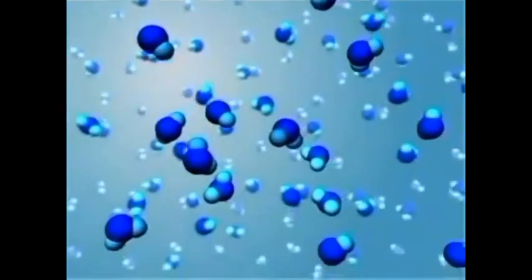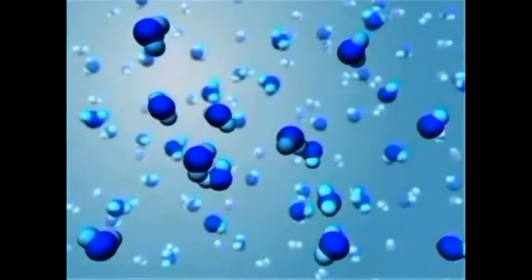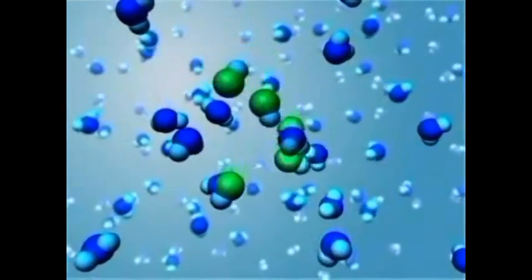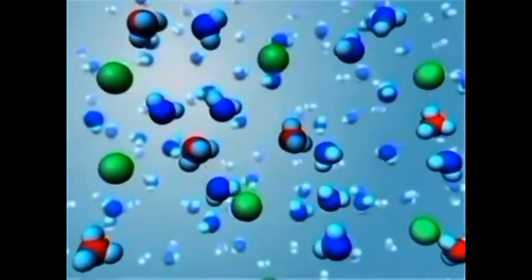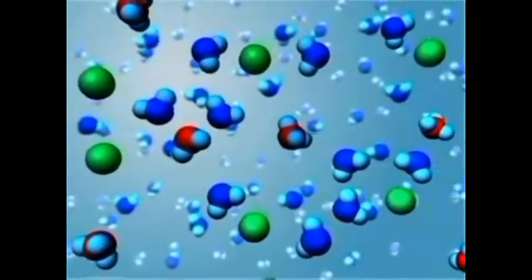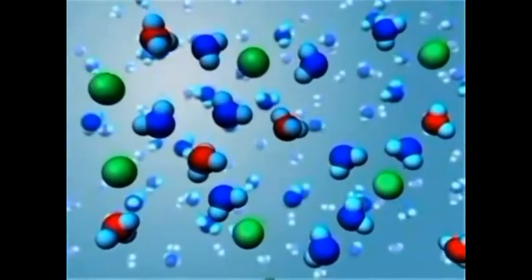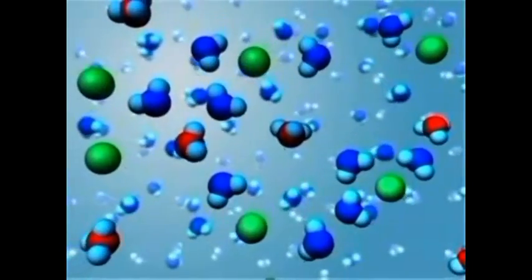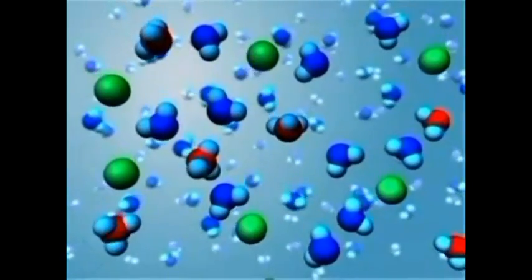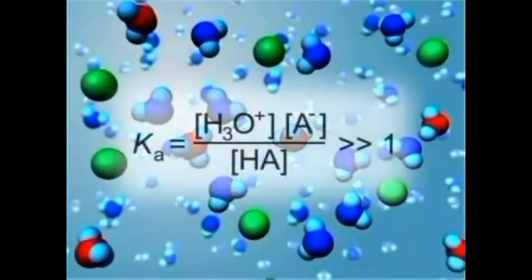As soon as they make contact with the water in the flask, proton transfer from HA to H2O occurs for virtually every acid molecule. Note the change from blue to red. Therefore, a strong acid solution consists of hydronium and A- ions in water and virtually no HA. It follows that the acid dissociation constant Ka for a strong acid is very large.